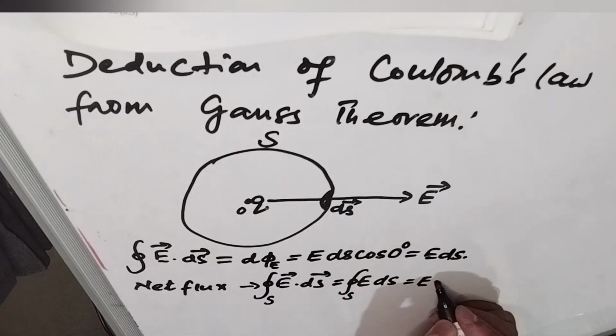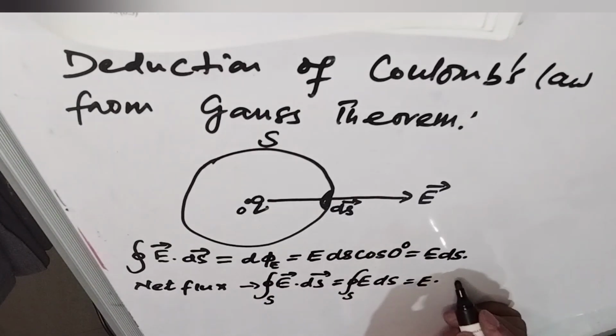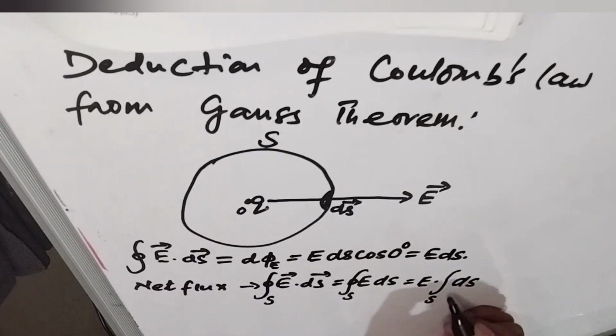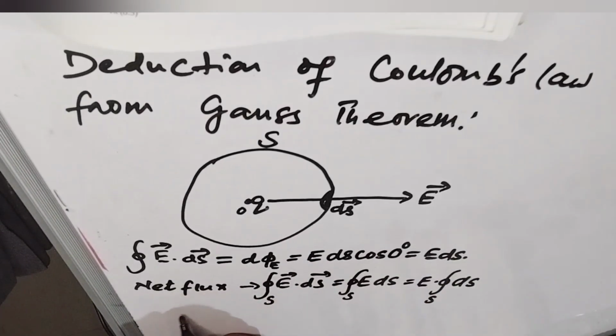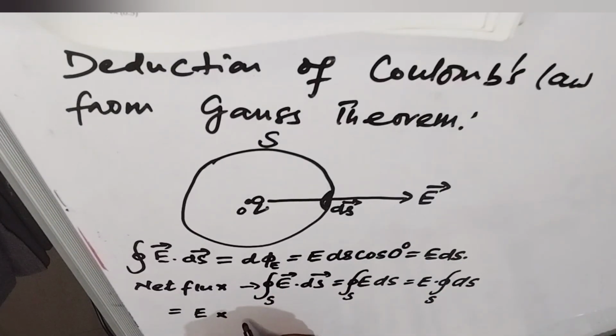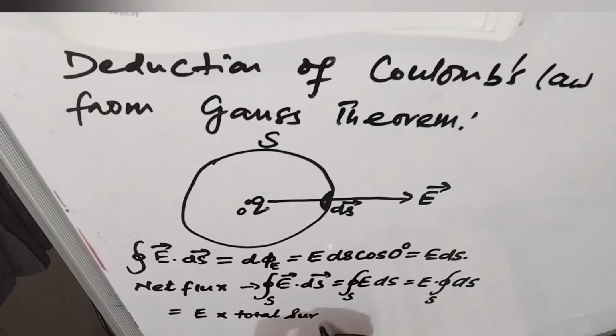So E can be kept outside, and we can integrate the ds element for the whole closed surface S. And this can be now E kept outside into total surface area of S, because ds is going to be integrated for the closed surface.